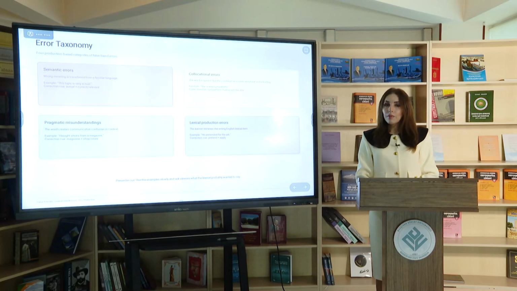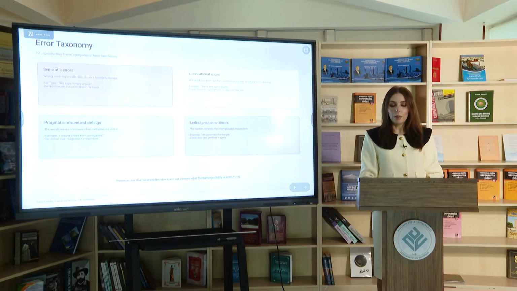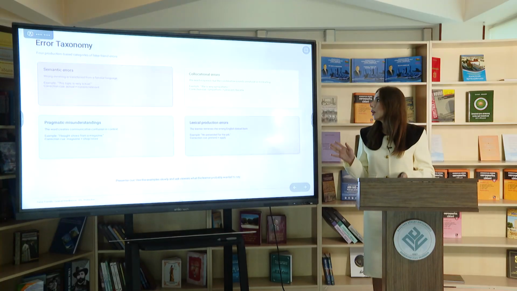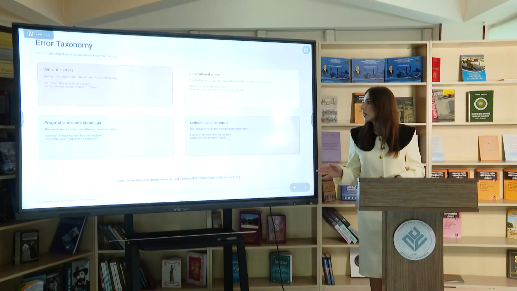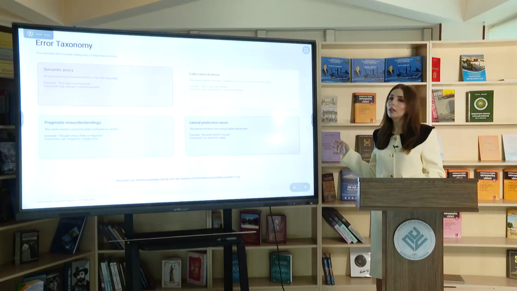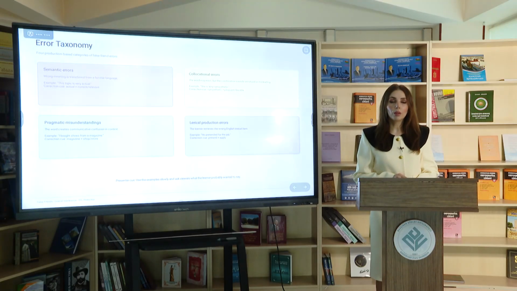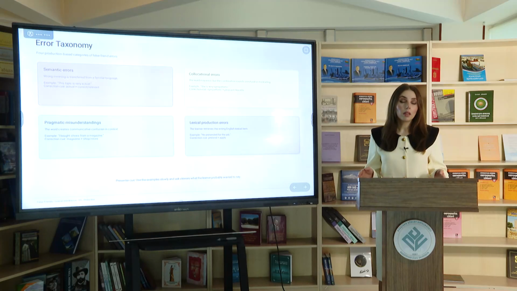The study classified false friend errors into four main categories: semantic errors, collocational errors, pragmatic misunderstandings, and lexical production errors. Let's pay attention to semantic errors.